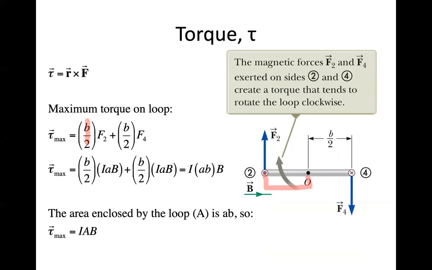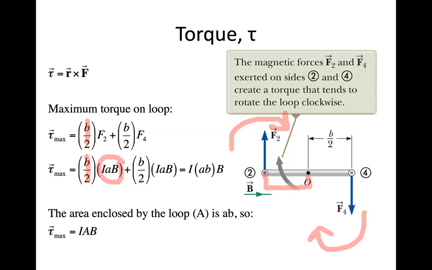So I just replaced the B over 2 for my distance and the IAB for my force, right? And I get that on both sides. For both of those, I get a clockwise rotation. This creates a clockwise rotation and this creates a clockwise rotation. They're both pushing in the same direction.